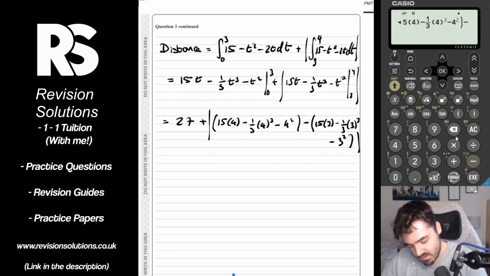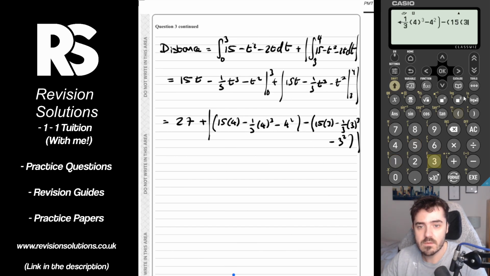Now evaluate the second limit. So another bracket, 15 times 3, then minus 1 over 3 times 3 cubed, minus 3 squared.